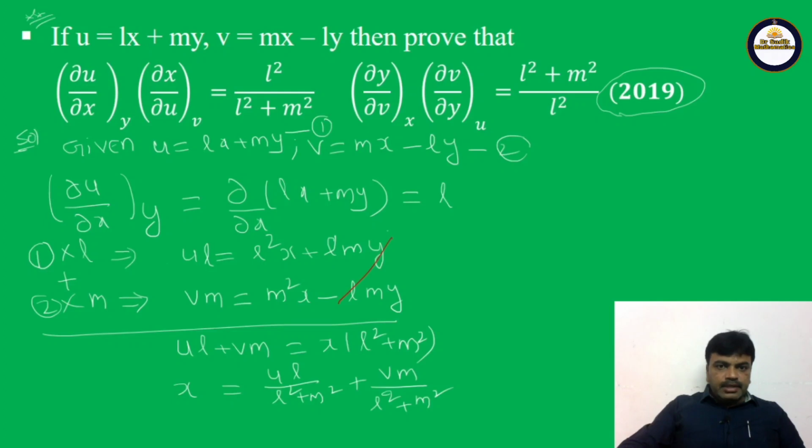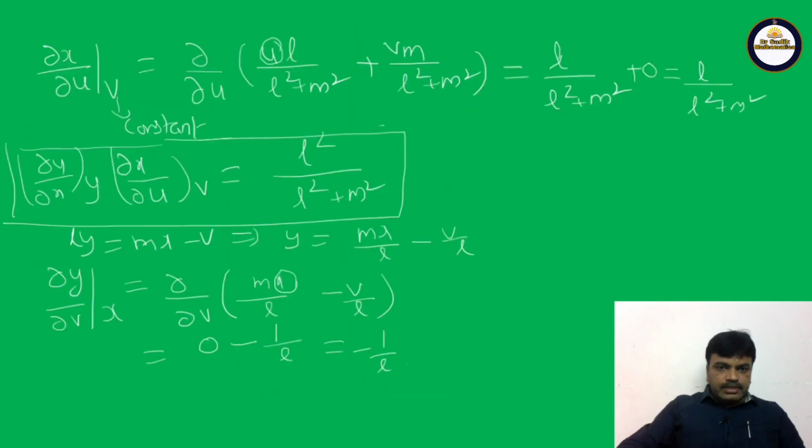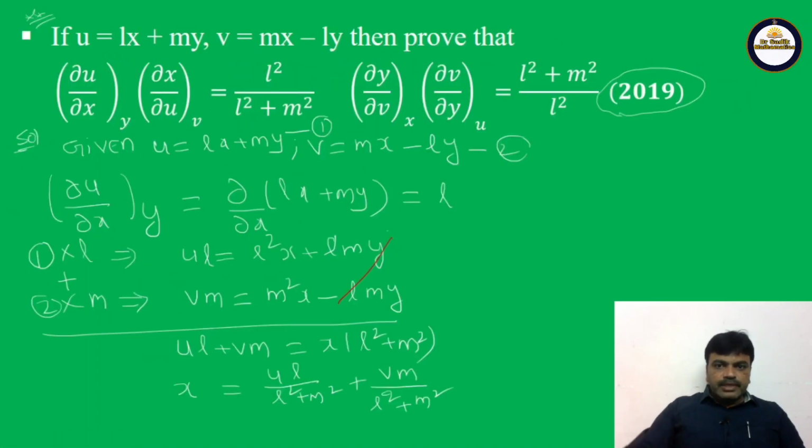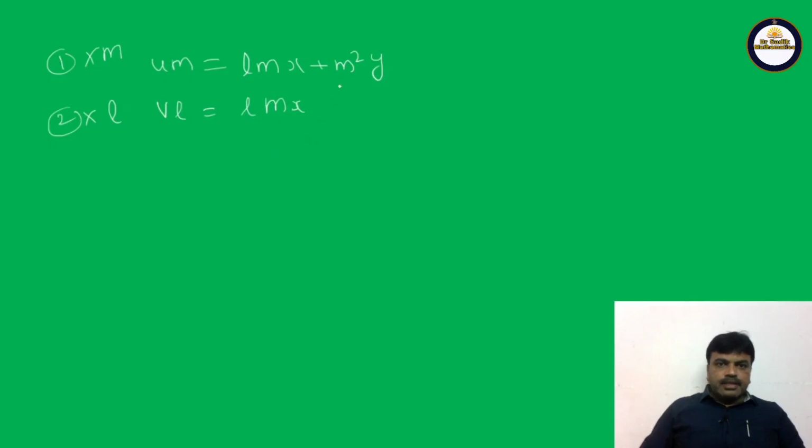We get vL equals lmx minus L square y. See, friends, I want to eliminate x here, so we subtract, and these two cancel.